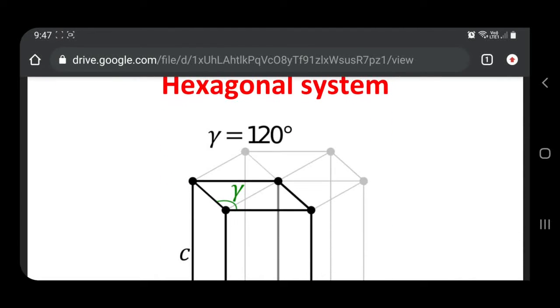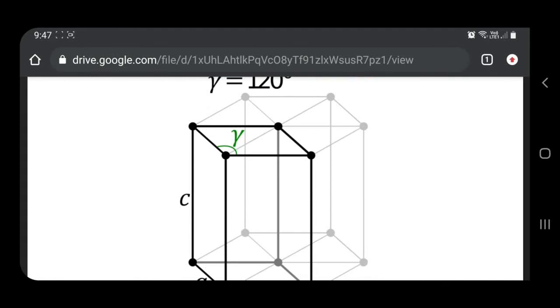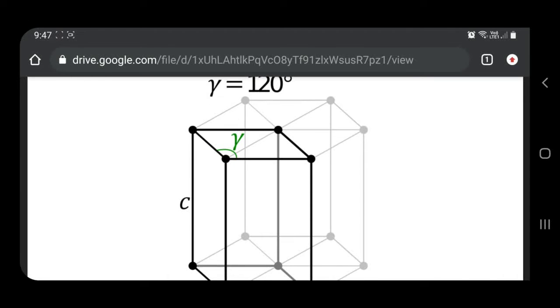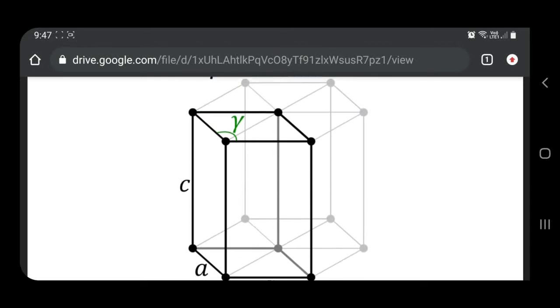And the Bravais lattice looks like this. Hexa, 6: you can observe 6 edges at the top as well as at the bottom. The angle between two axes is 120 degrees, but two interfacial angles are at right angles.